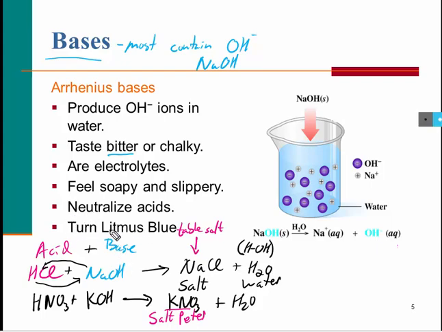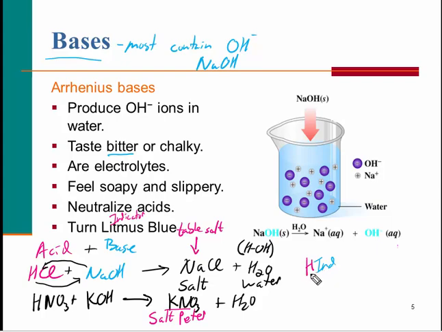Let me talk a little bit about this litmus stuff. So litmus, as I mentioned before, is an acid-base indicator. And most indicators are also acids. So I'm going to write it as H and then IND for indicator.